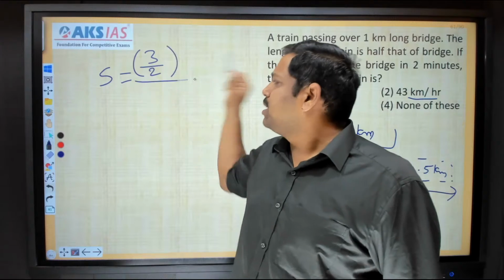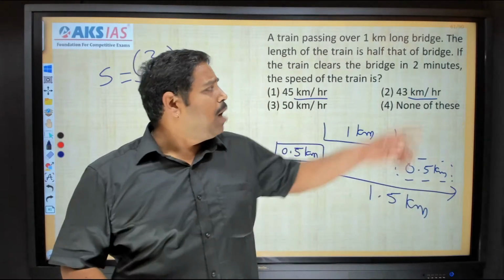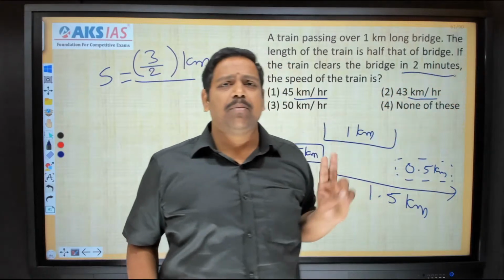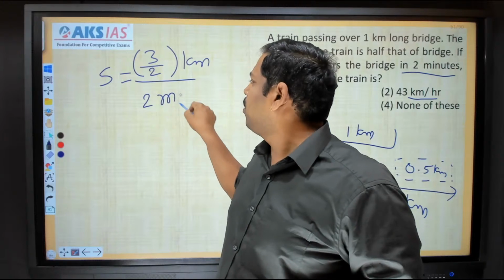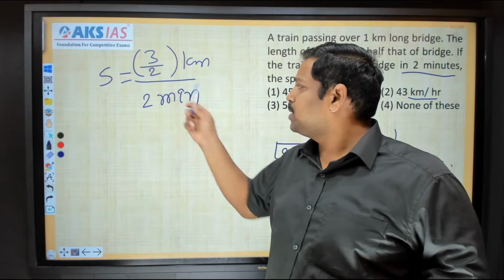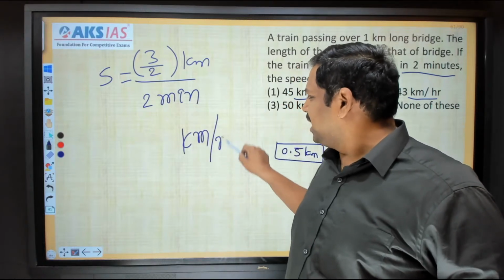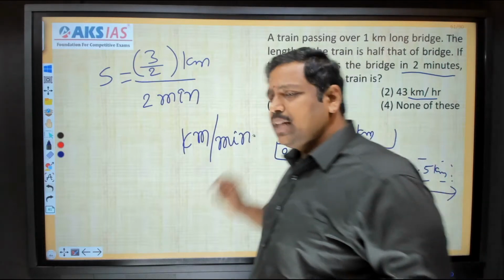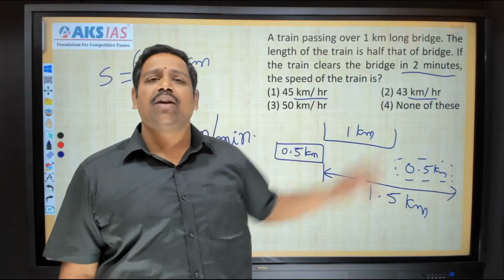By time. So this is kilometers, right? Listen carefully. How much time it requires is just 2 minutes, right? 2 minutes, so I am writing 2 minutes here. But sir, now I am facing a problem. Here distance is in terms of kilometers, time is in terms of minutes, then speed will be in terms of kilometers per minute. But observe the options. The options are in terms of kmph, or kilometers per hour, right?